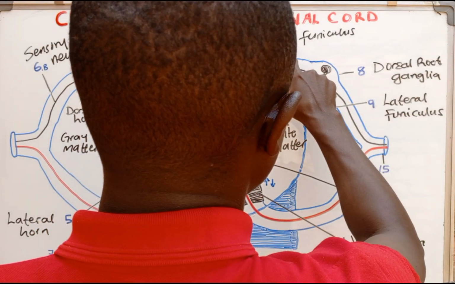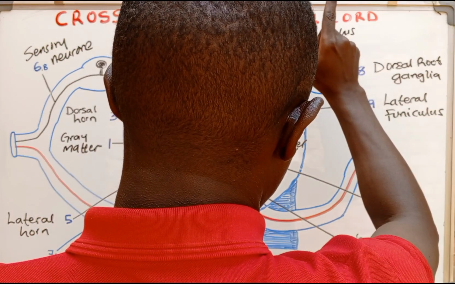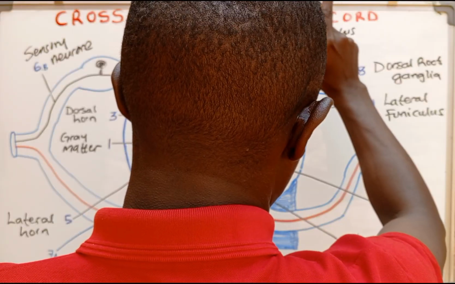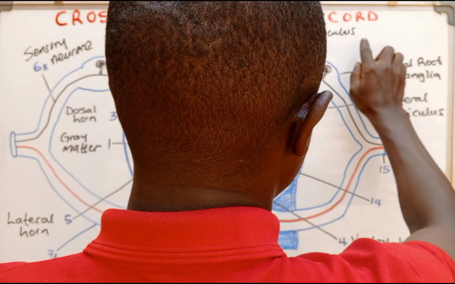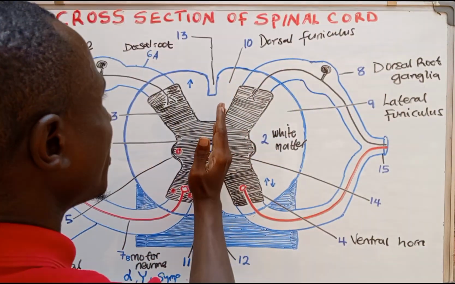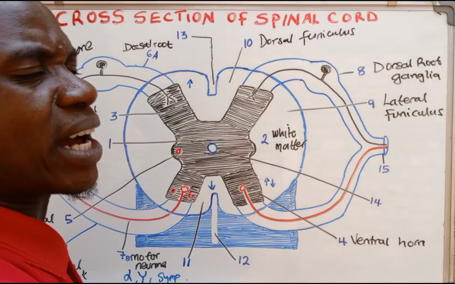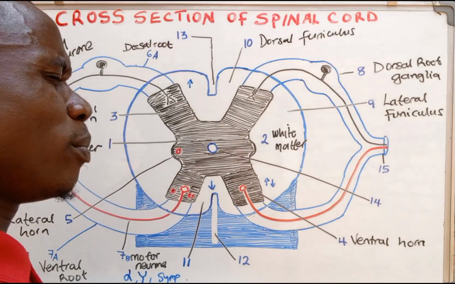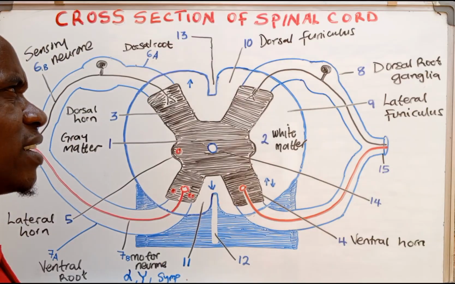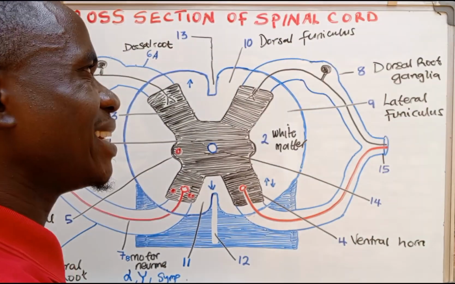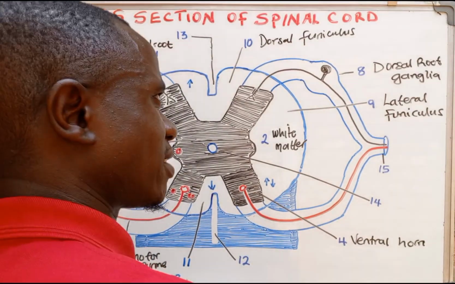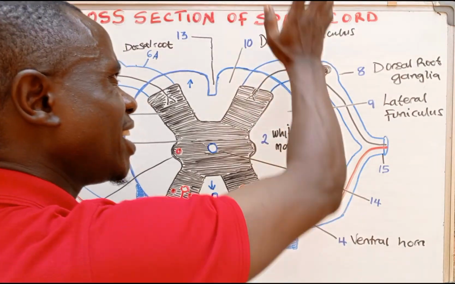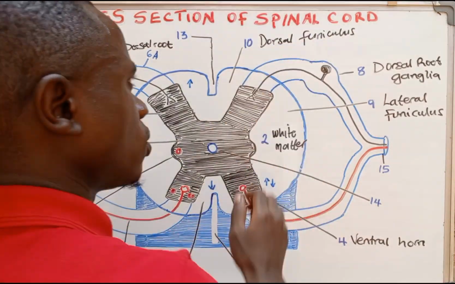You may even call them the posterior funiculars, or the back funiculars. Here we have the ascending tracts, like the fasciculus gracilis and the fasciculus cuneatus. These are some of the ascending tracts in the dorsal funiculars.